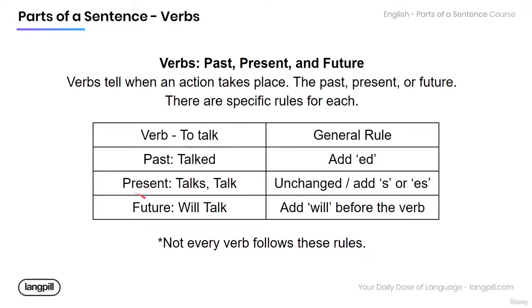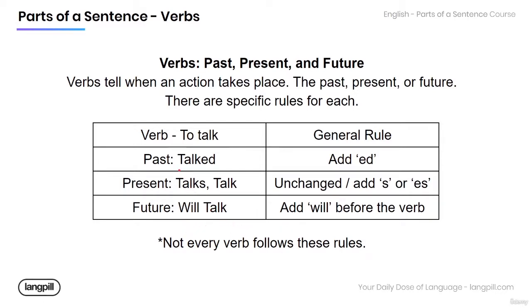Okay, for the present tense, either you'll use the verb just as it is, right? Okay, so here talk, or you'll add s or es. So either unchanged or you add s or es. We have talks or talk. And for the future, it's very easy. All you're going to do is add the word will. Okay, so will talk.